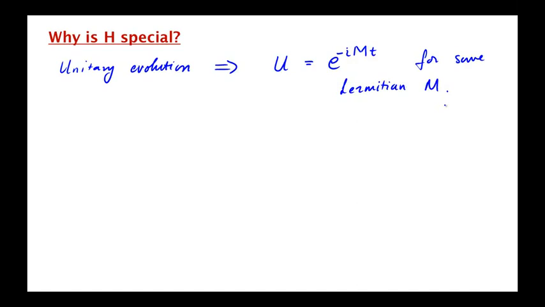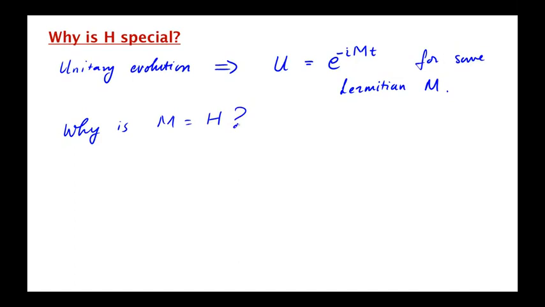So now what we are really trying to understand is why is M equal to the Hamiltonian? Okay, and we don't want to prove that M must be equal to the Hamiltonian. We want to sort of argue that it must, right? So we'll provide a justification which is going to be actually quite compelling.